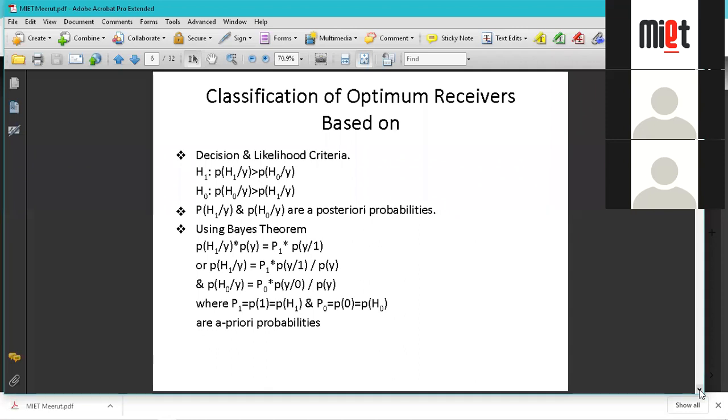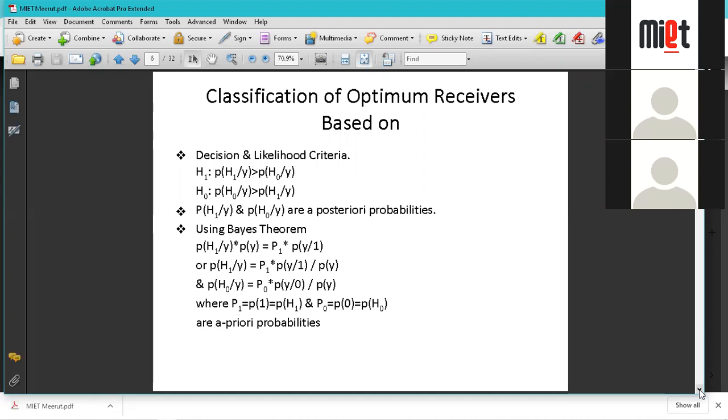We know that when the signal is present, it will definitely have noise. If the noise is too much, then the signal will lose its identity. H0 is the absence of signal hypothesis, and H1 is the hypothesis for the presence of signal plus noise. So H0 is only noise, and H1 is signal plus noise.